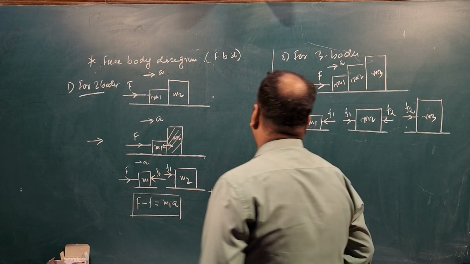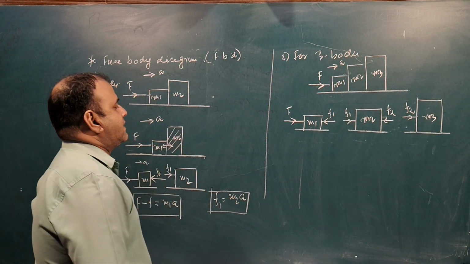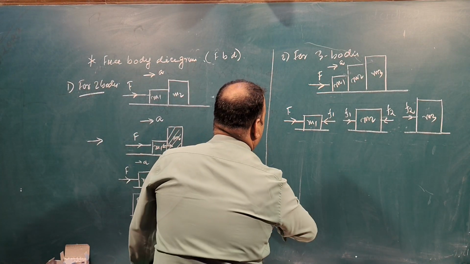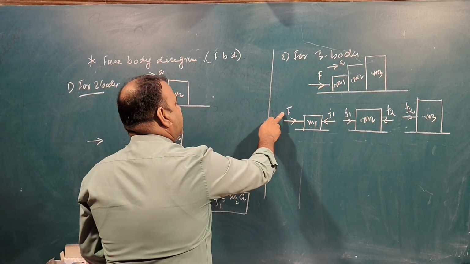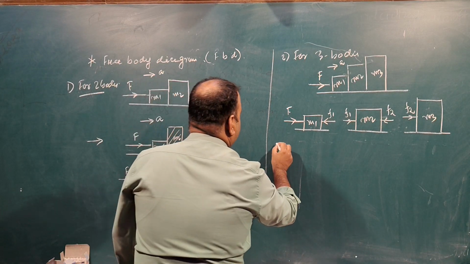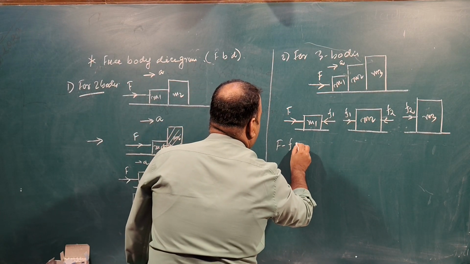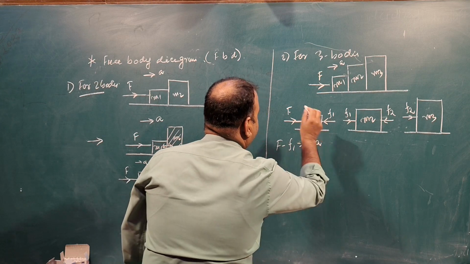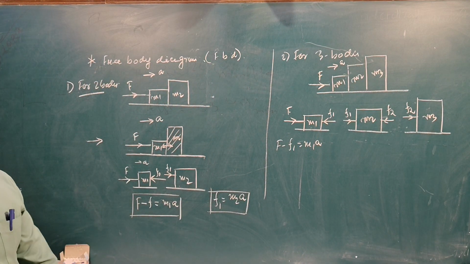Now what will be the formula for each case? For the first body, when F is acting in the forward direction, the frictional force is in the opposite direction. That is why we can write F minus F1 is equal to M1A. This is the formula for the first body.